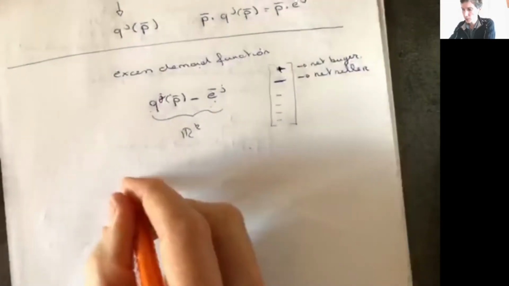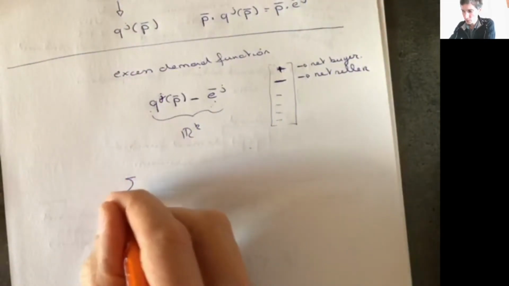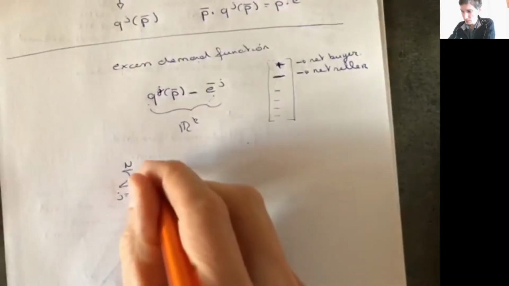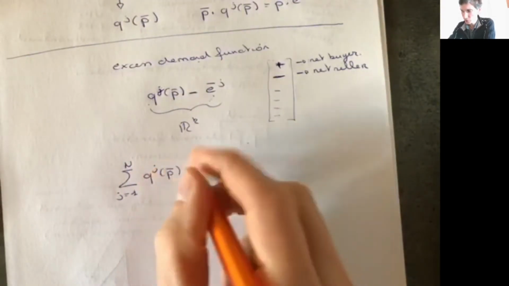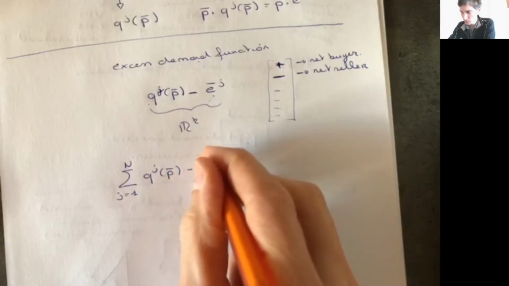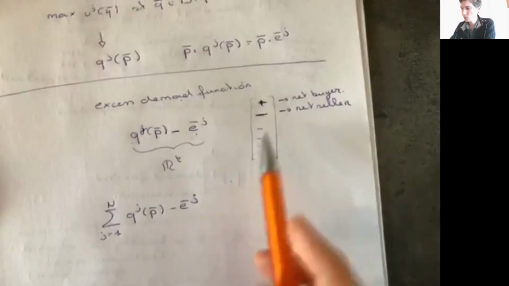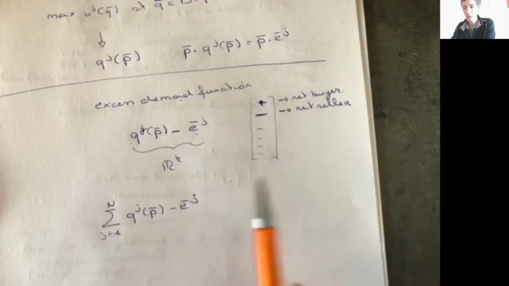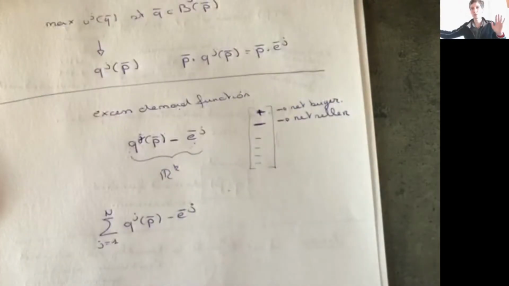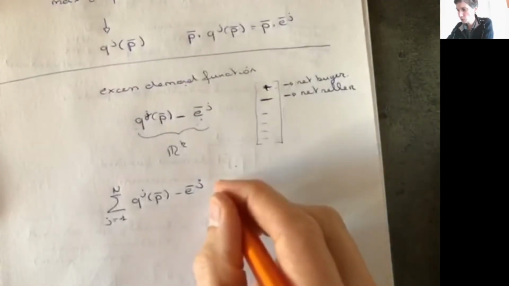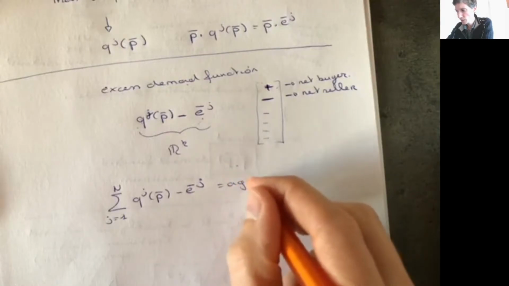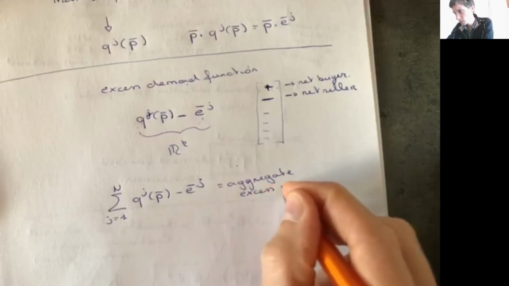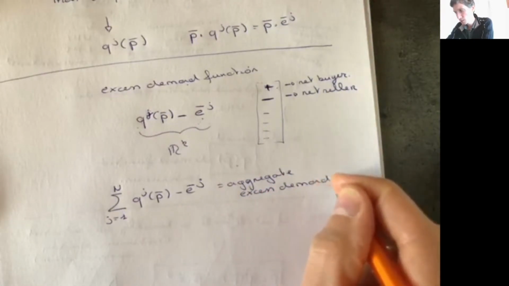Okay, so what can we do now? Well, we can sum over all consumers their excess demand functions. So for the first good, we look at all the net demands or net supplies, and we sum them all together over all the consumers. You can call this the aggregate excess demand.